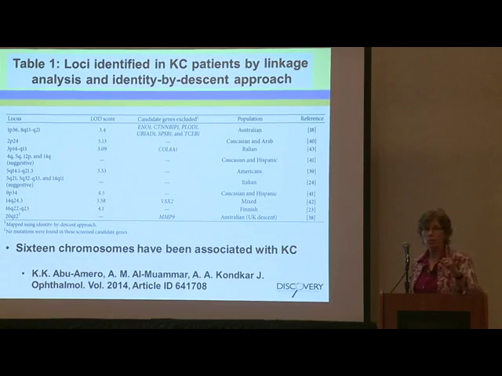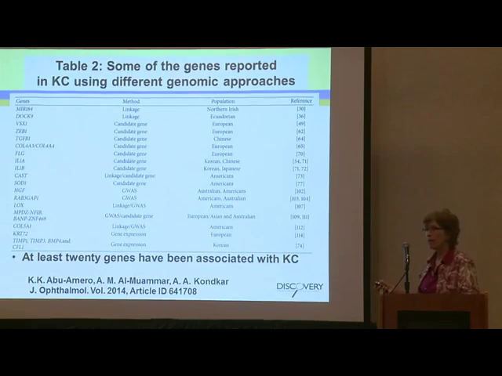It's not one chromosome that everybody has and then you get keratoconus. It's 16 chromosomes that have been identified. What this slide does is, rather than look at the chromosome, they've looked at specific genes. And again, the take-home message, and this time they've looked at people from Ecuador, Korea, China, Japan, Europe, is that at least 20 of the genes have been associated with keratoconus.